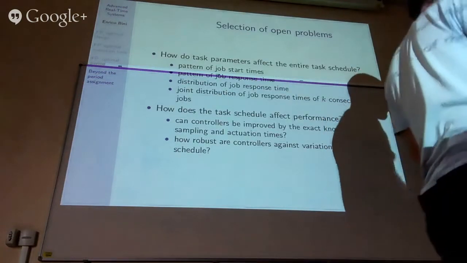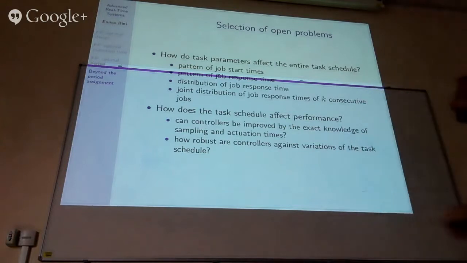And then from the performance function perspective, something that has more to do with the application domain, with control: can the controller design be improved by the exact knowledge of the pattern? Because as I told you before, control people tend to work with this instantaneous model of sampling and actuation.